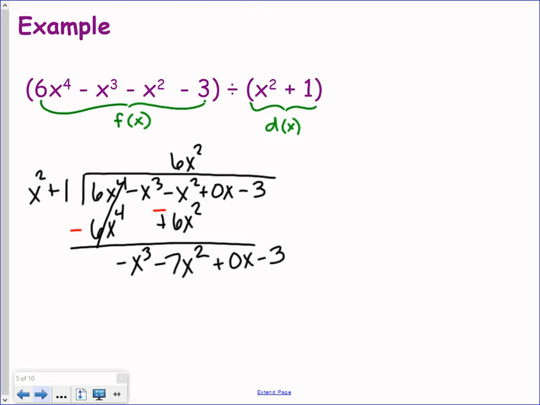What do I have to multiply that x squared in x squared plus 1 by to get the same thing as what I now have down here, negative x cubed? Needs a negative x. So I'm going to put a negative x above my x term in f of x. I'm going to distribute that so that I get negative x cubed minus x.